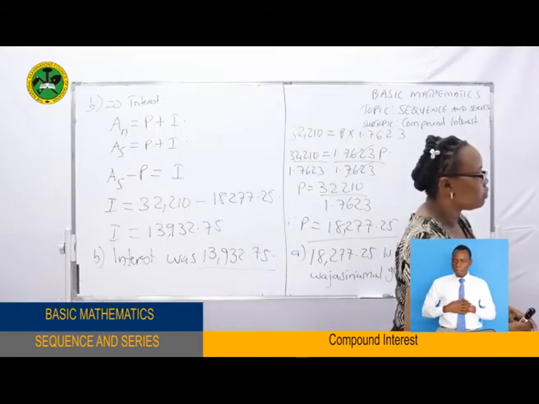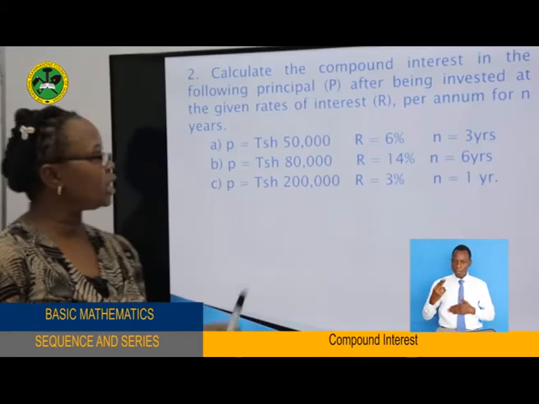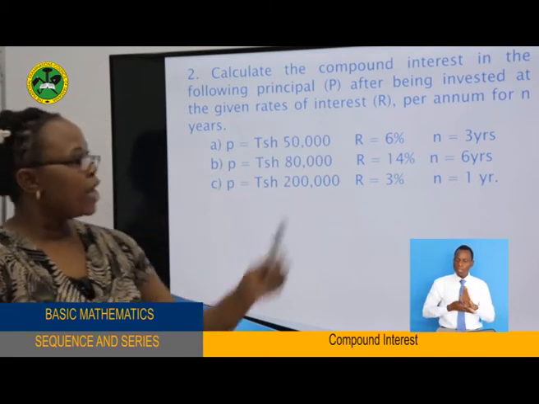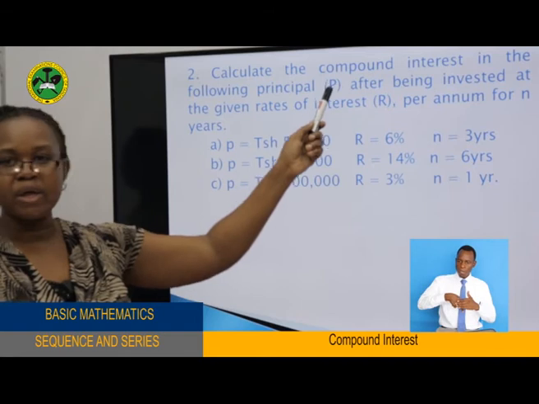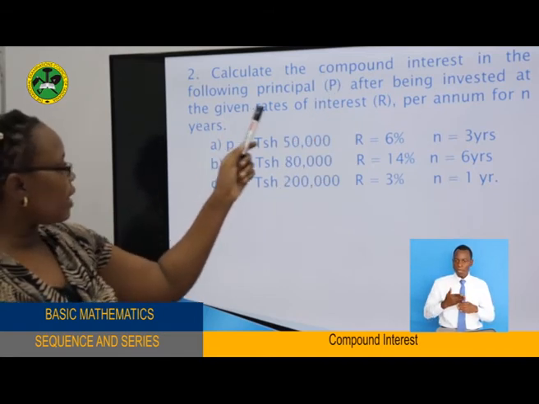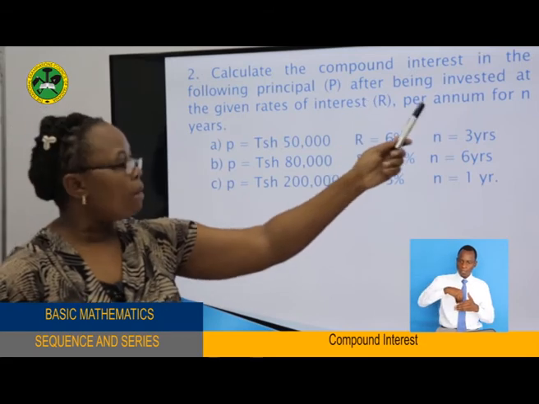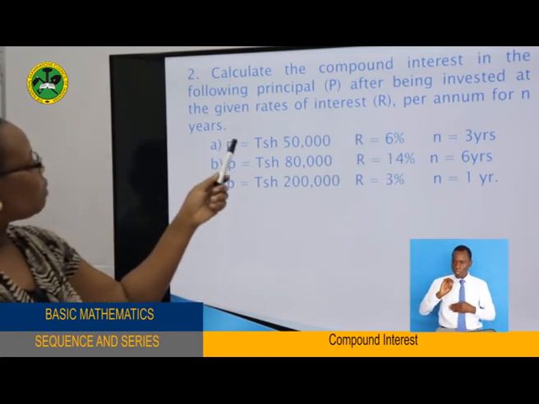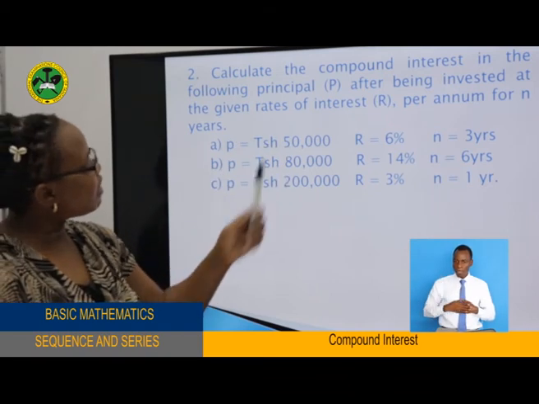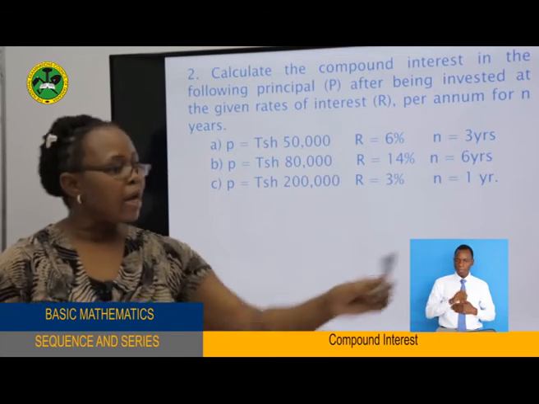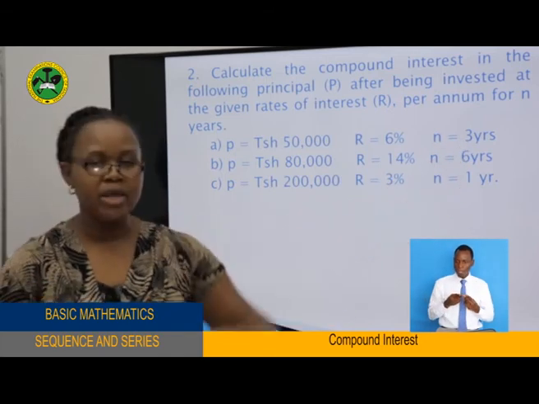Question number 2 states: calculate the compound interest on the following principal P after being invested at the given rate of interest R per annum for the given years. Part A: principal is 50,000 Tanzanian shillings, rate 6%, 3 years.